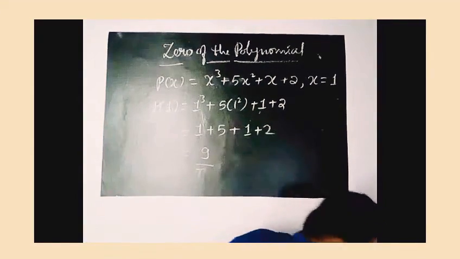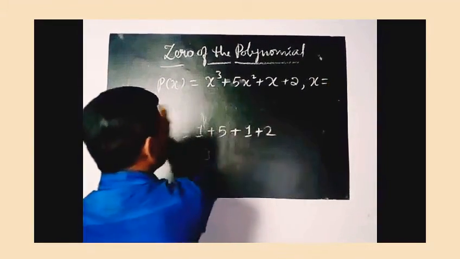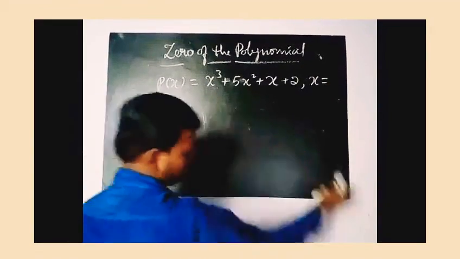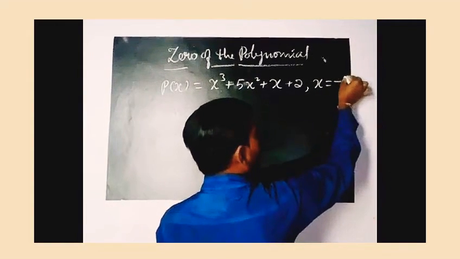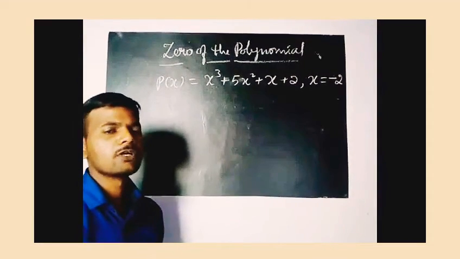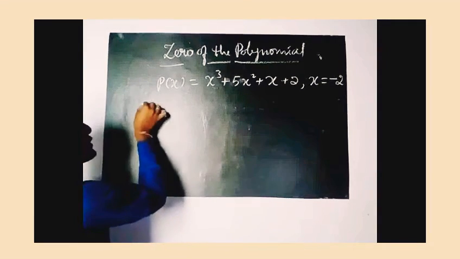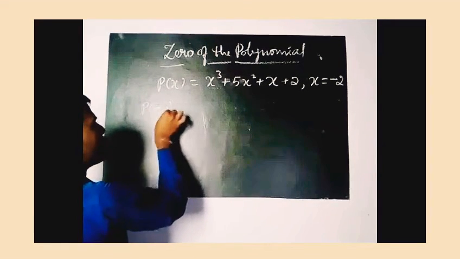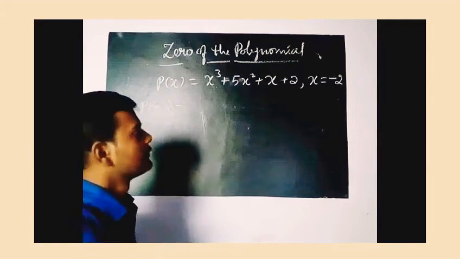For the same polynomial, let me change the value of x to minus 2. Then find the value of the polynomial for x is equal to minus 2. Put x is equal to minus 2 in the polynomial.